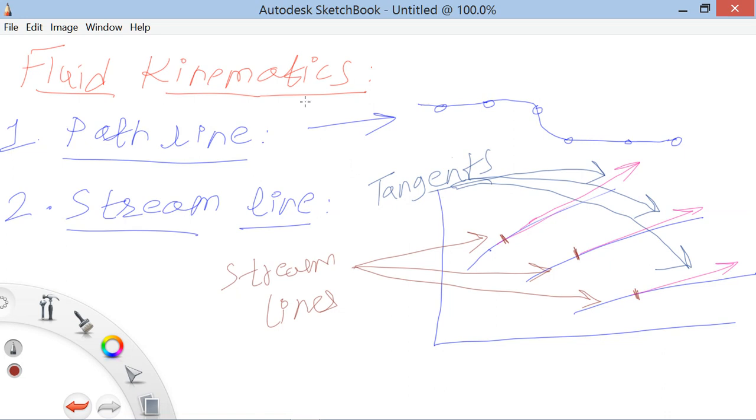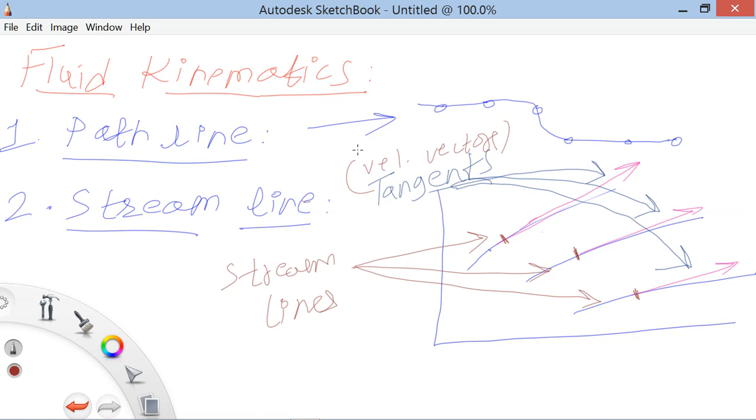Tangents are nothing but the velocity vectors, and such curves are nothing but the streamlines to which a tangent shows the velocity vectors. So this is the simplest definition. You don't get confused between the tangents and streamlines. Basically the curves are the streamlines and the straight tangents are the velocity vectors.